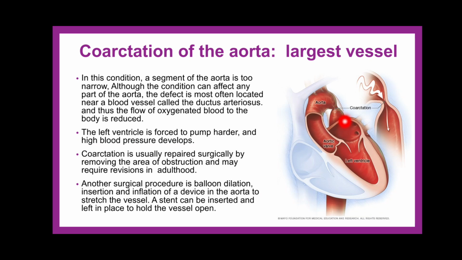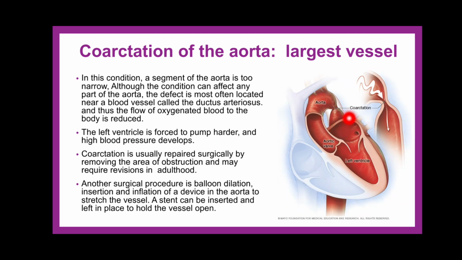Because of this narrowing, the blood flow will be restricted and the flow of oxygenated blood to the body is reduced, since the aorta is supplying blood to the body. So the left ventricle needs to pump harder and high blood pressure will develop in the aorta. So this is the condition which is coarctation of aorta.